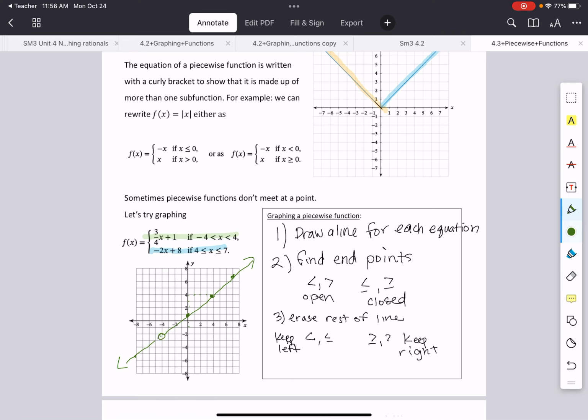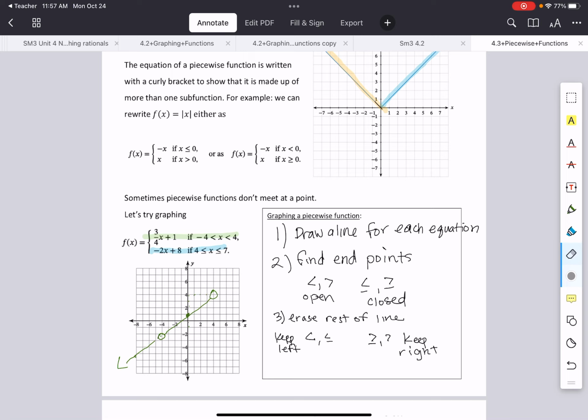The +4 is also going to be open. So then we erase the rest of the line. We know it's in between -4 and 4, so we're going to erase the rest of it.